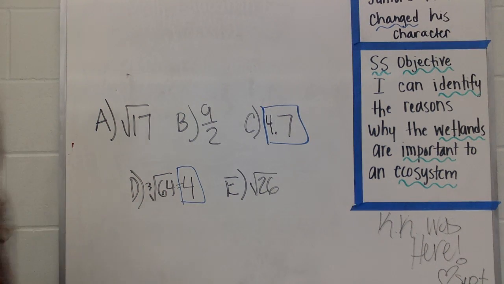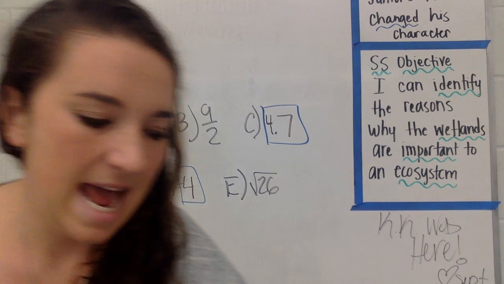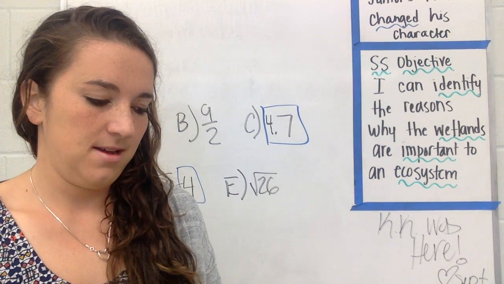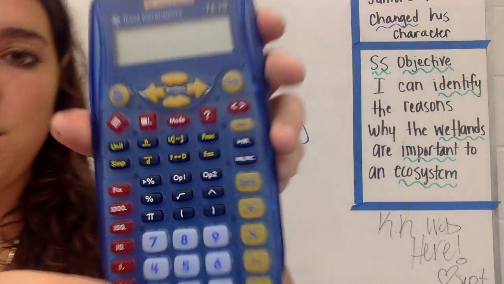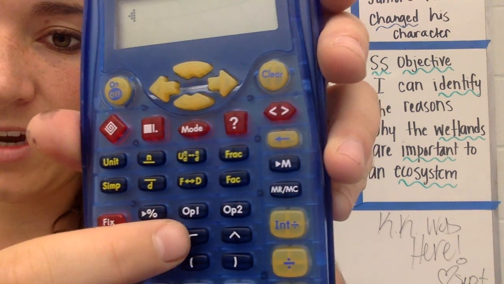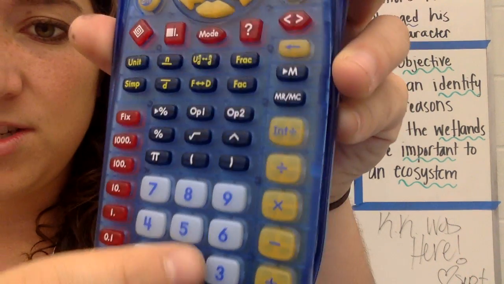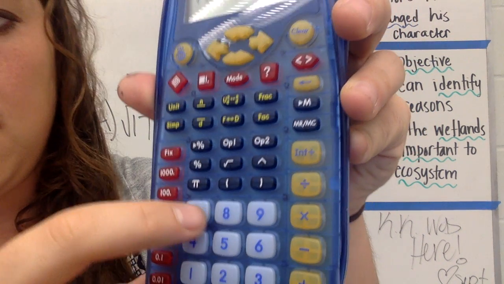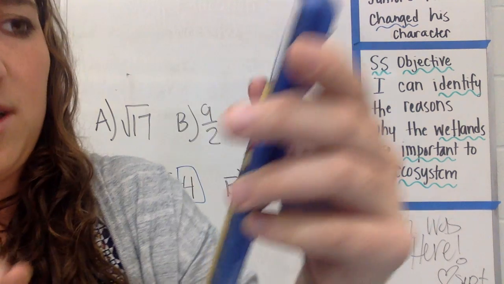All right, now for my square roots, I am going to just plug them into my calculator to get an estimate of what they could be. So I'm going to turn it on and type in square root right here of 17. So then type in 17 and then type in your close parentheses and then enter.